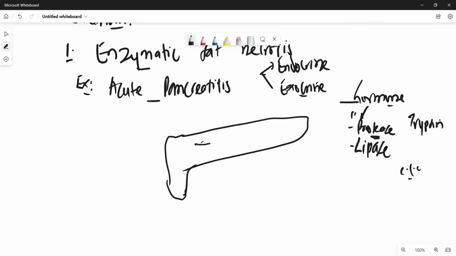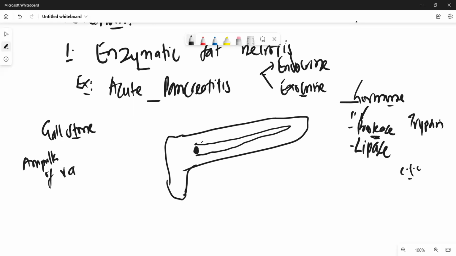But if for some reason the pancreatic duct is blocked, like in the case of a gallstone, because the pancreatic duct combines with the common bile duct, so they share almost the same tract. If anything blocks the ampulla of Vater, that could block the secretion coming from the pancreatic duct.